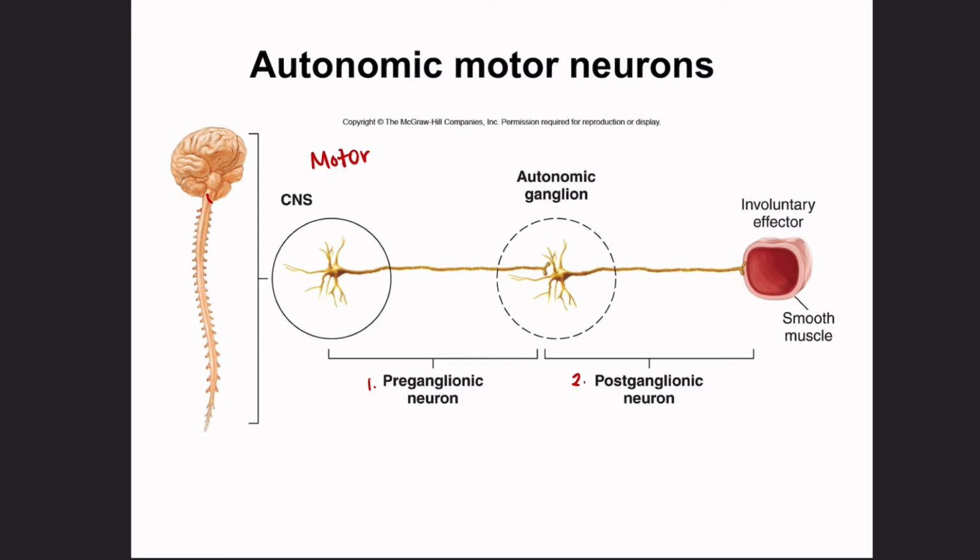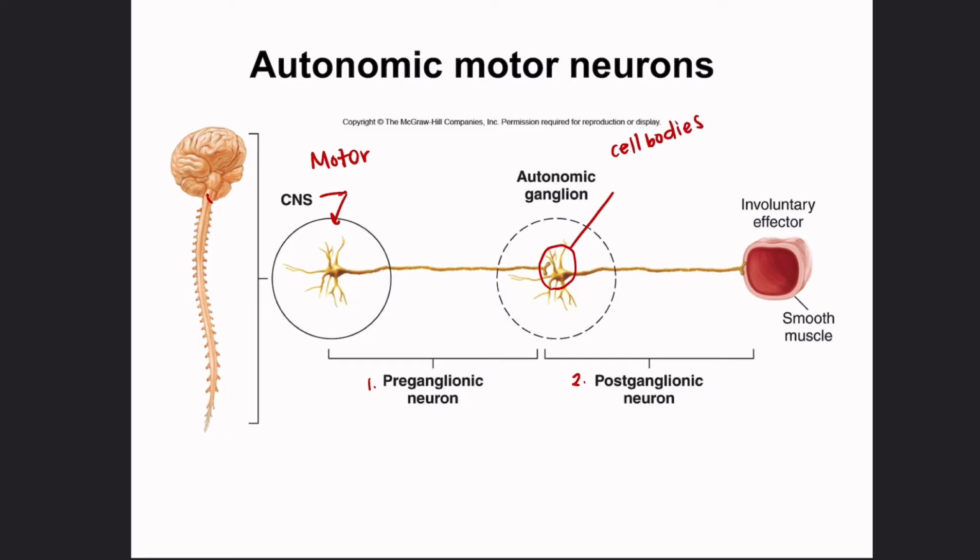The preganglionic neuron, the cell body is going to be within the central nervous system. And then the postganglionic neuron, it's called a postganglionic neuron because it's after the ganglia. Remember that a ganglia just means cell bodies.